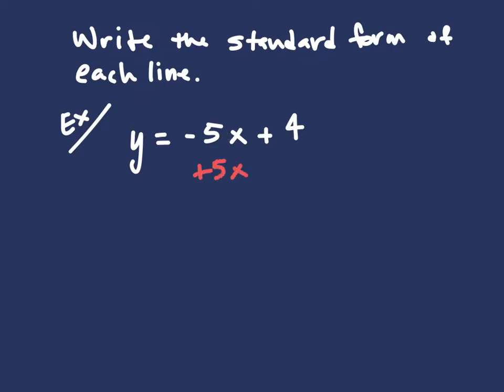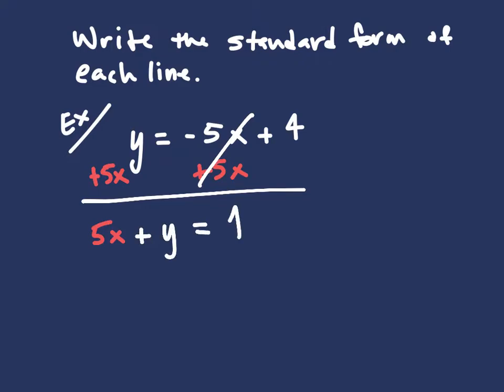If I add 5x to both sides, I can cross that off and I'm going to get 5x plus y is equal to 4. Now what we notice is that 5 is a positive number, and it's not a fraction, so this is good. And so 5x plus y equals 4 is the standard form of this equation.